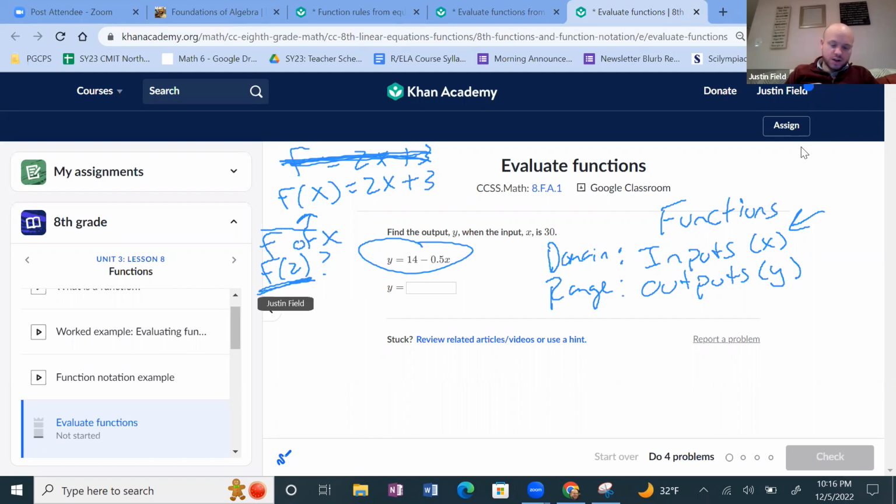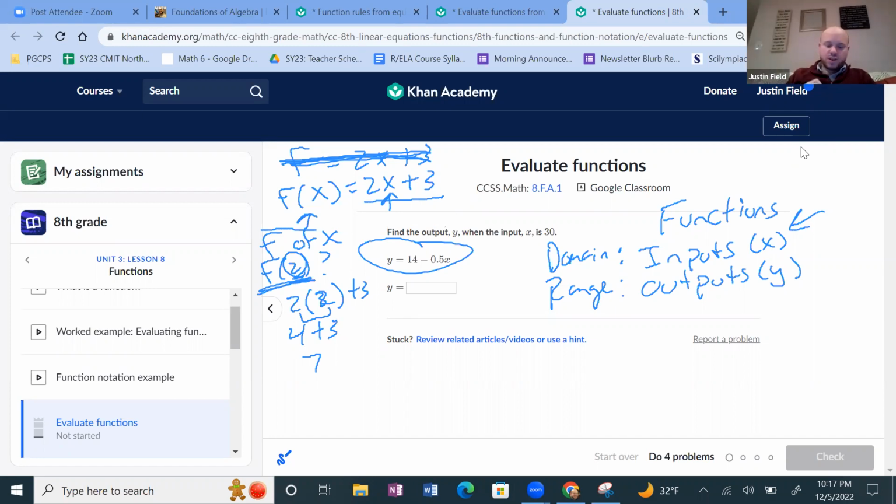You look at your expression 2x plus 3, and you substitute 2, not 3, because the input is 2. You put a 2 in place of the x, and then do 2 times 2, which is 4, plus 3, and get 7. We take the input, put it into the function, and get an output.